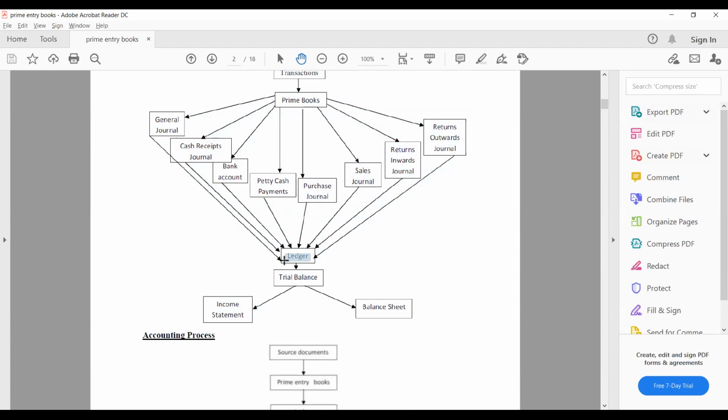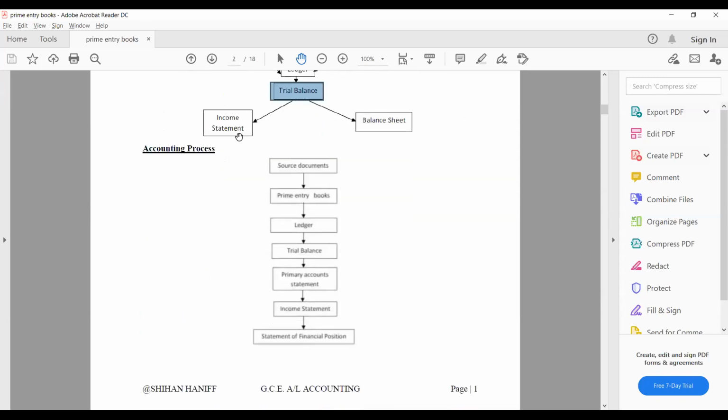From the ledger, we have to prepare the trial balance. Right. So the trial balance will have all the ledger accounts. There are 5 types of ledger accounts: assets, liabilities, equity, income, and expenses. So by taking the income and expenses, we can prepare the income statement, and taking the equity, assets, and liabilities, we can prepare the balance sheet or the statement of financial position.